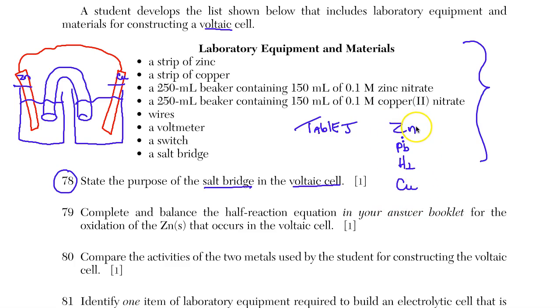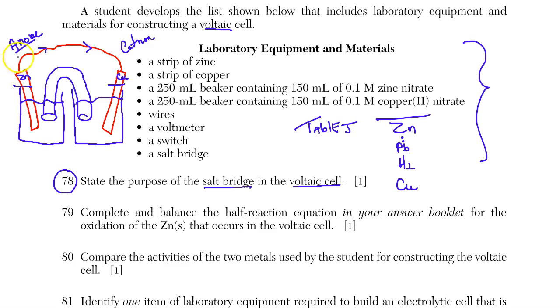Zinc is more active. And what do metals do? Metals lose electrons. You're saying, but why am I doing all of this for the salt bridge question if I know it? Because I want you to understand the one who's better at oxidizing is going to be your anode. So the zinc is the anode, and this is the cathode, which is the copper. Electrons flow from the anode to the cathode.